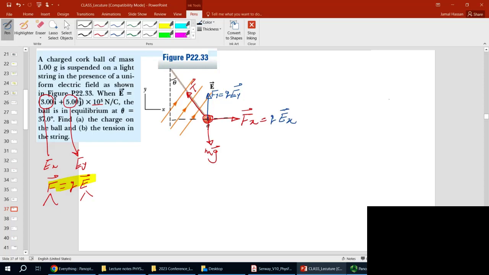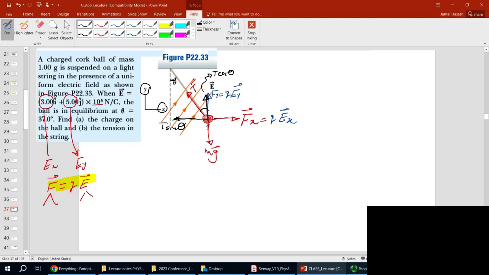So now we have three forces, and we have our coordinates X and Y. There is one force, the tension, that needs to be decomposed into its components. We have this angle theta, so the tension will have two components: T sine theta, and another component given by T cosine theta.